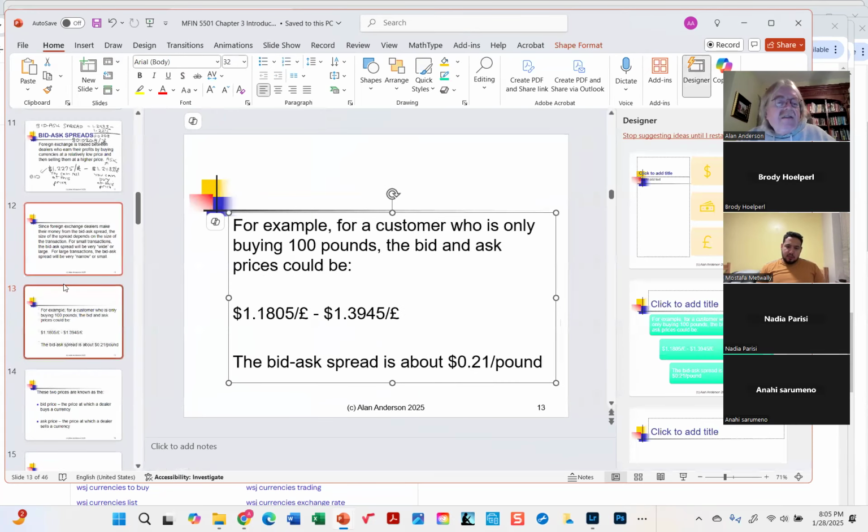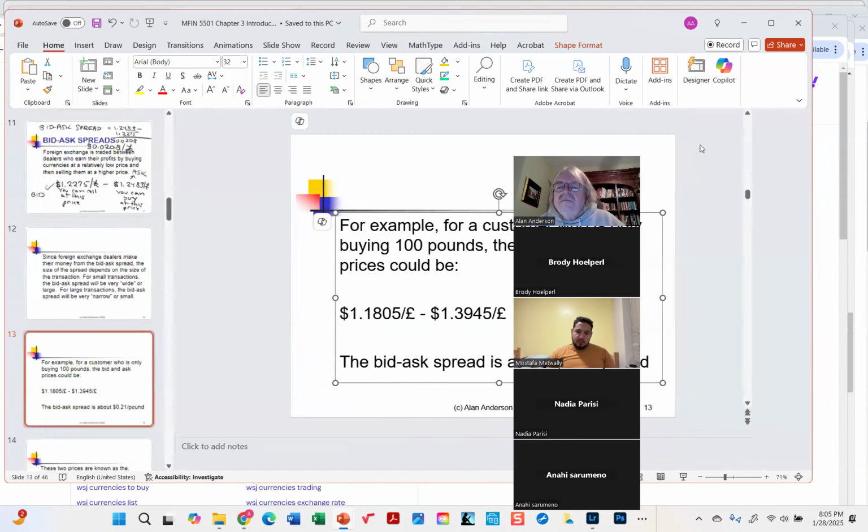But let's say instead of a single individual who is going abroad, it's a large corporation. Corporations need currencies all the time because they may do business overseas.